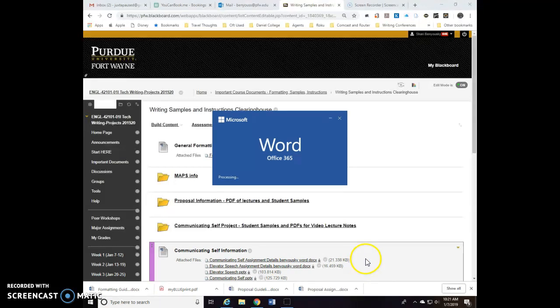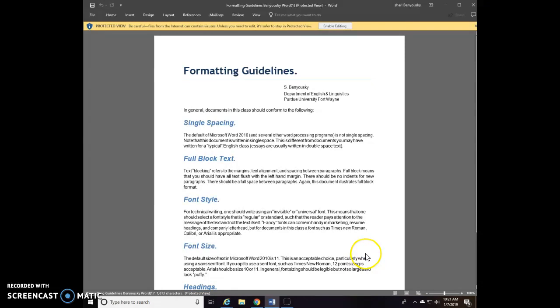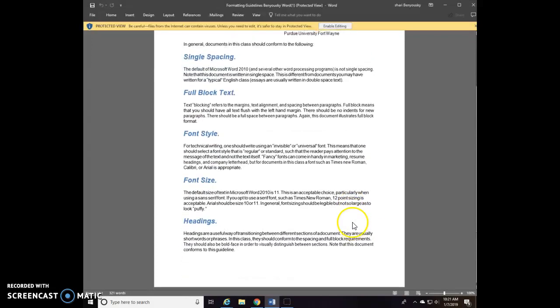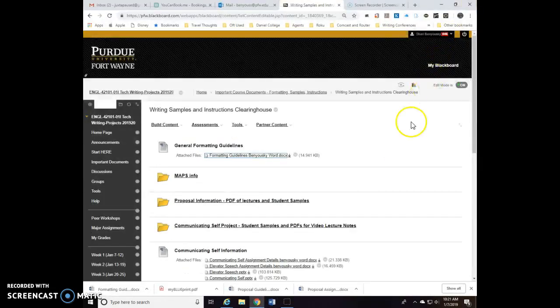You can do that yourselves. But I want you to note that this is where you're going to find important information and guidelines on what your documentation in this class should look like. Things like types of fonts, sizings, headings, spacing, full blocking on the left margins, paragraphs, things that you can read yourself and should, so you don't lose points.